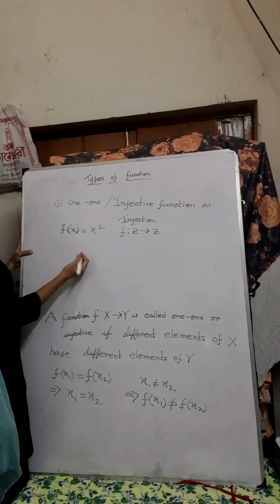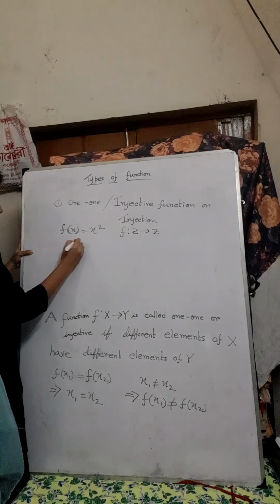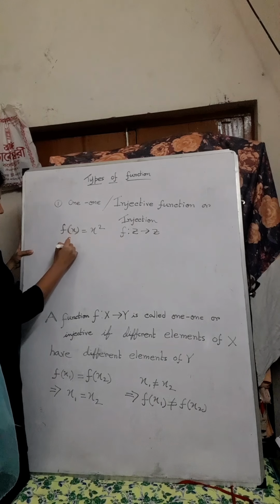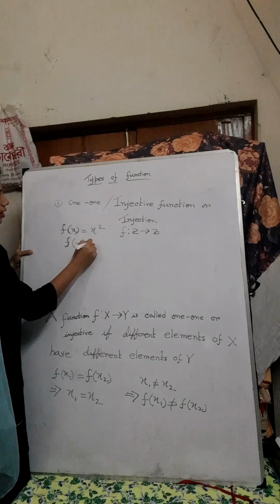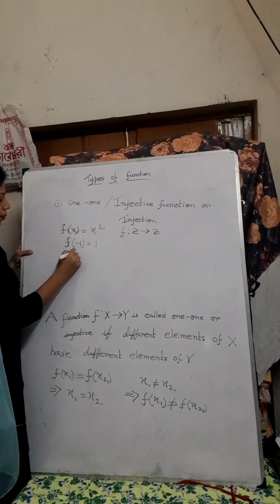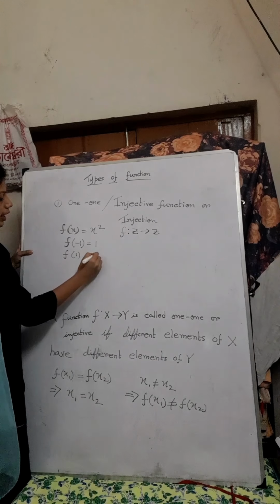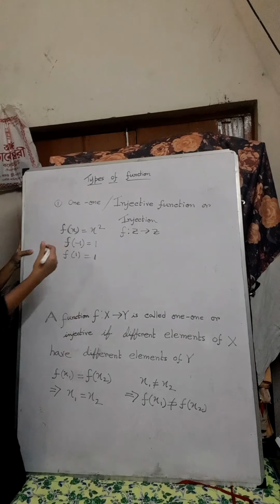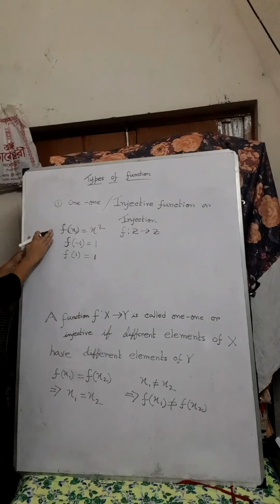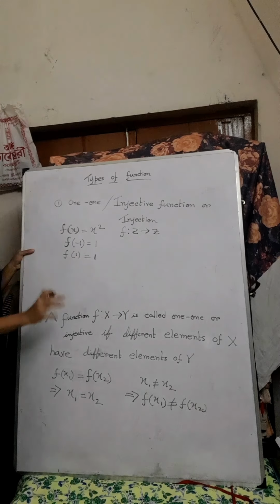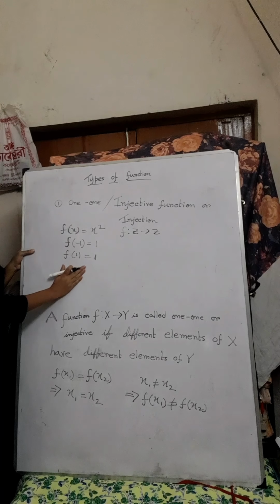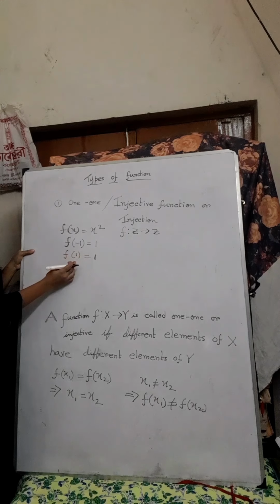Now if I take some elements, f of minus 1 equals 1, f of 1 is also 1. So whenever you show that the function is not 1-1, you just give one example. For minus 1 it is 1, for 1 it is also 1. That means the function is not 1-1.